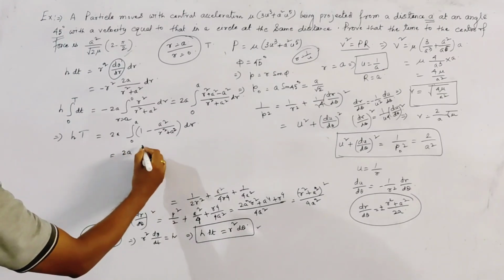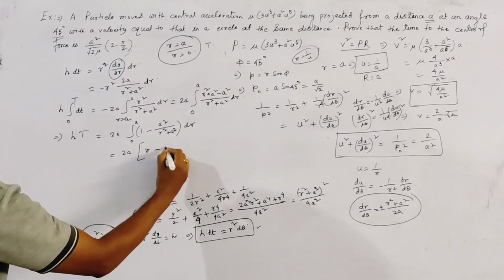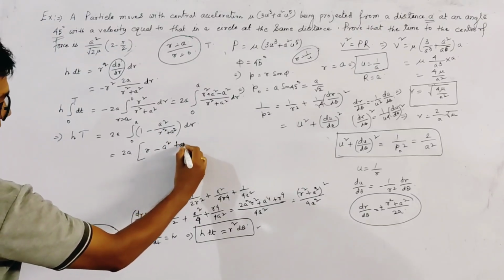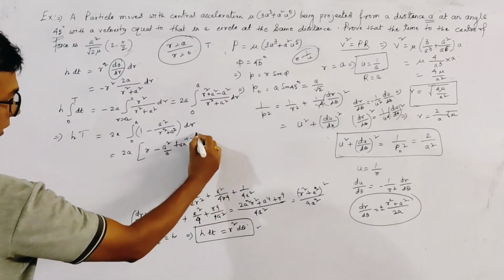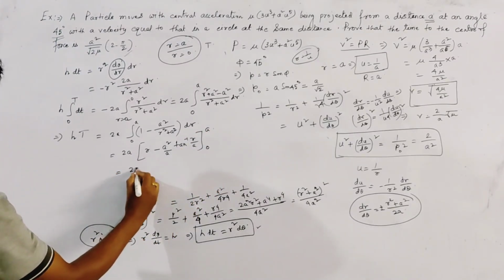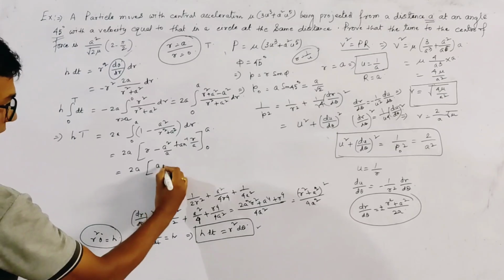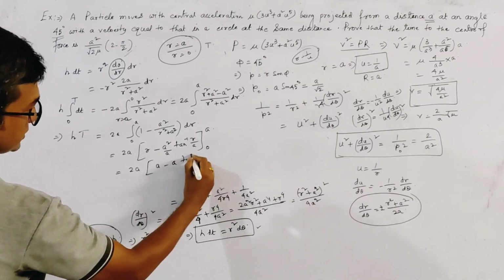This is 2a into, by integrating, we get r minus a square into tan inverse r by a and also 1 by a, and the range is 0 to a. Okay, so this is 2a into a minus a into tan inverse.